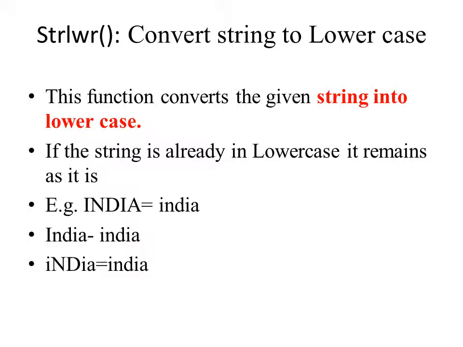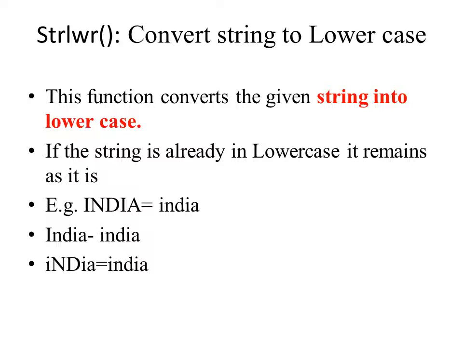Next, exactly opposite to this is strlwr, which converts all the string elements into lowercase. If the string is already in lowercase, it will remain as it is, or if there is a combination of uppercase and lowercase letters, then all are going to be converted into lowercase.